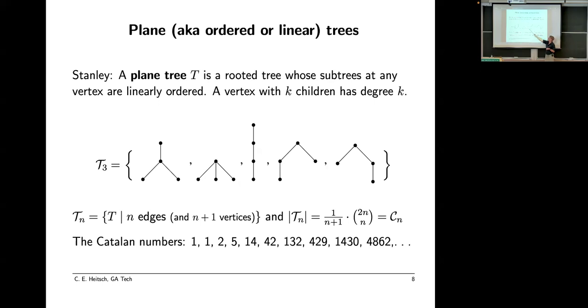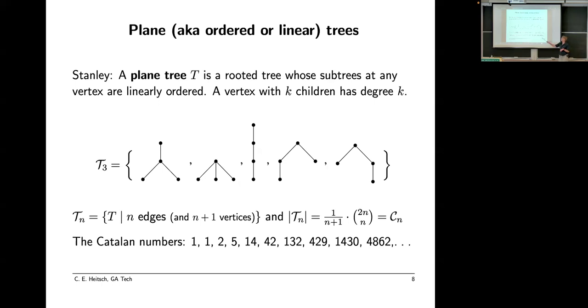In the line I get 2 of them, because I either choose a leaf as the root, something that has 1 incident edge, or I choose something that has 2 incident edges. And then the ordering distinguishes these 2, because this root knows that it has a grandchild on the right and not on the left, and then left versus right is different for this one. Okay, so these are plane trees.